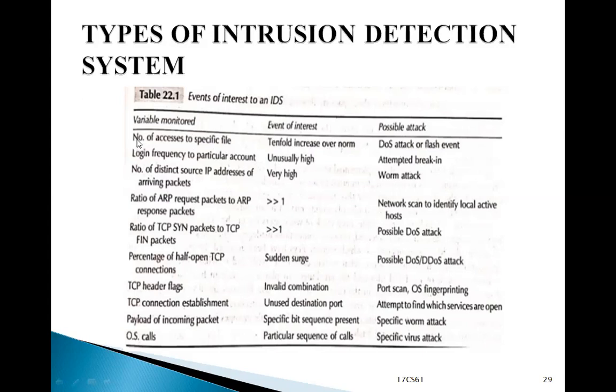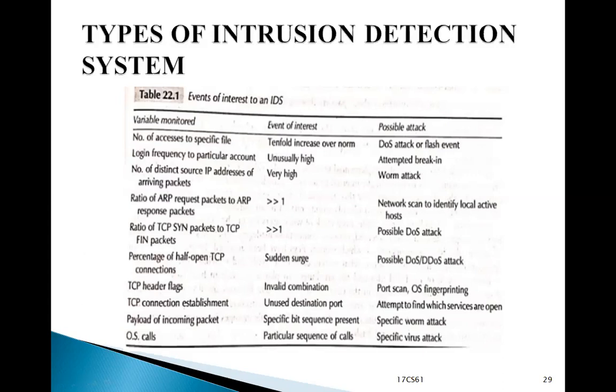If the number of accesses to a specific file has a greater increase than the usual activity, then it is going to detect this activity as a DOS attack or flash event.